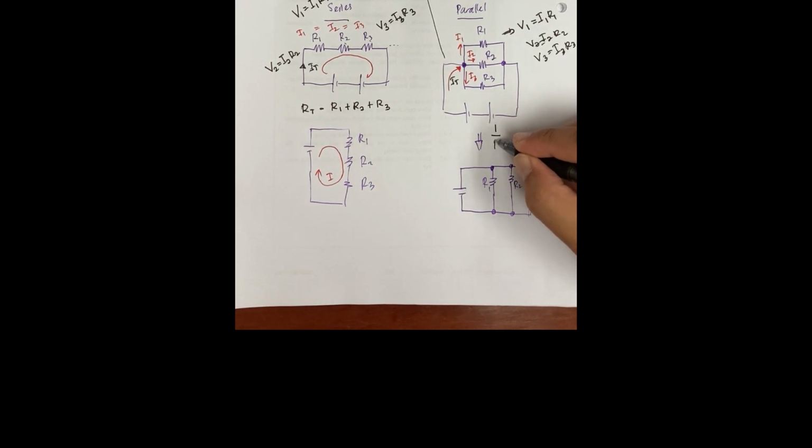It's actually addition, but 1 over R total is equal to 1 over R1 plus 1 over R2 plus 1 over R3. If you have 4, then you need to put 1 over R4 and so on.